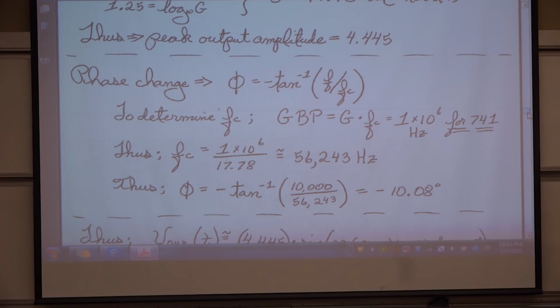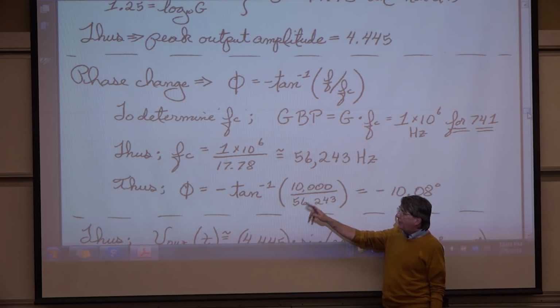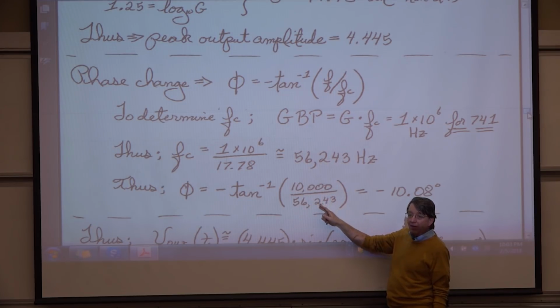I can now solve for the corner frequency, and I get a corner frequency a little over 56,000 hertz. I can then go back to the arctan formula, minus the arctan of F over F sub C. F, where did I get F?